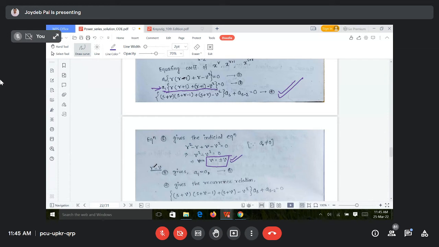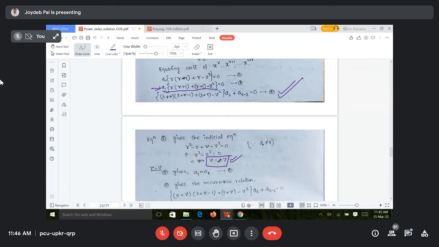Now for r is equal to plus nu, I am going to find the first solution. Look, according to the larger root, we always find the first solution, right? Do you remember or not? In the Frobenius method, I told that always find the first solution for the larger root.